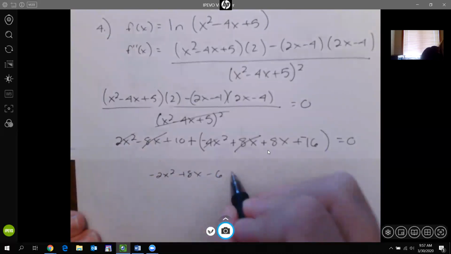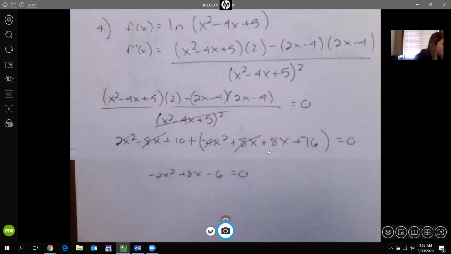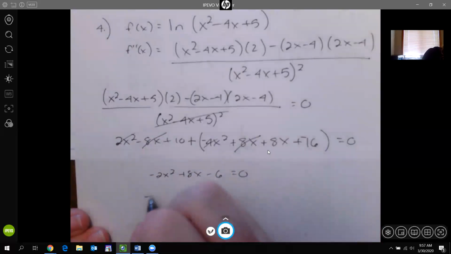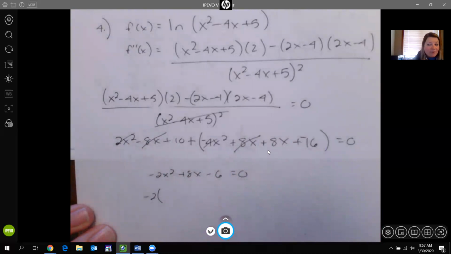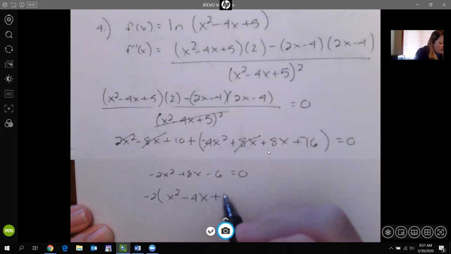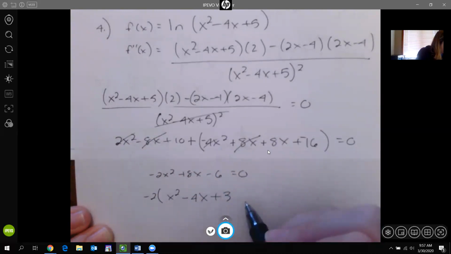Okay, where does that equal 0? You could use the quadratic formula or you could factor. So I'm going to take a negative 2 out of everything because I can't do my factor rules with a negative 2 out front. So this is going to give me x squared minus 4x plus 3 equals 0.